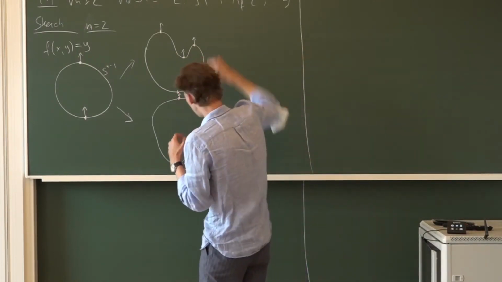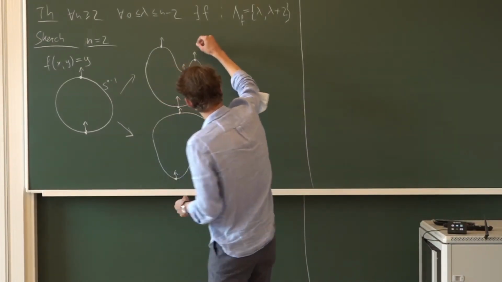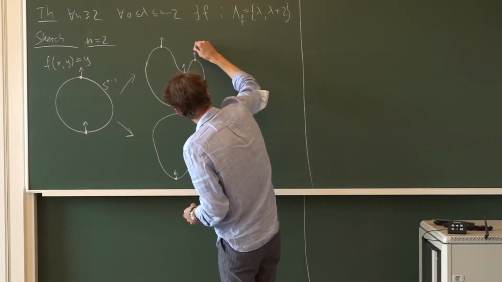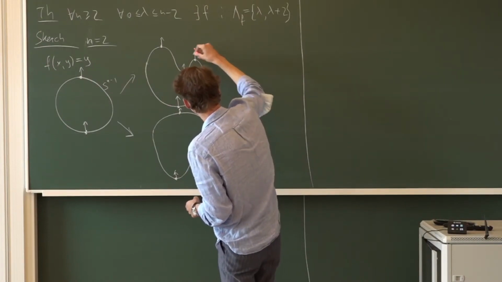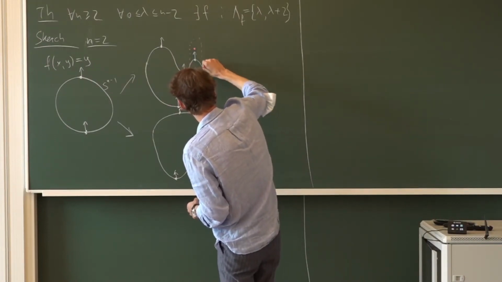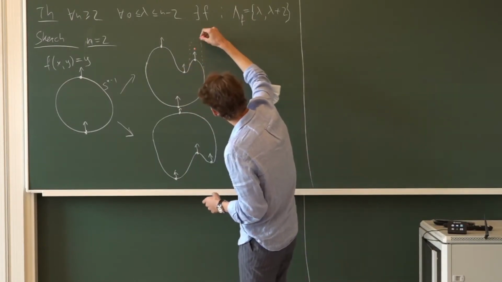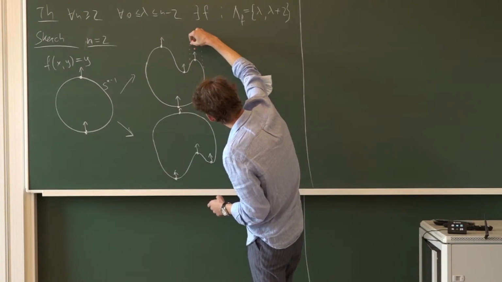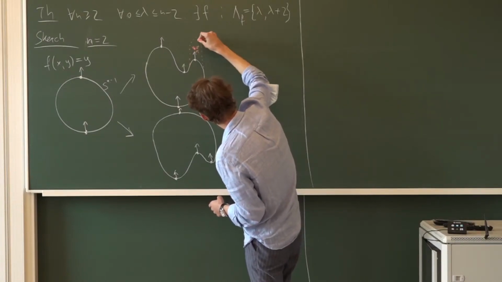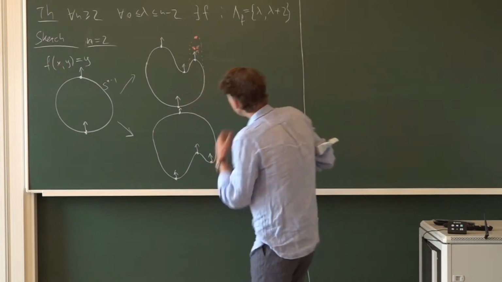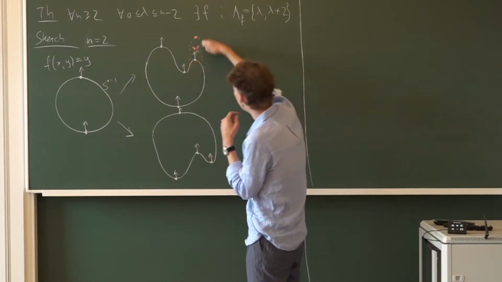Okay, now let me take some colored chalk. And let us put a point of maximum here and change the curve. So you take a point of maximum, and everything points to this point, at least in some neighborhood. And in this fashion, we exchange this critical point for this critical point.